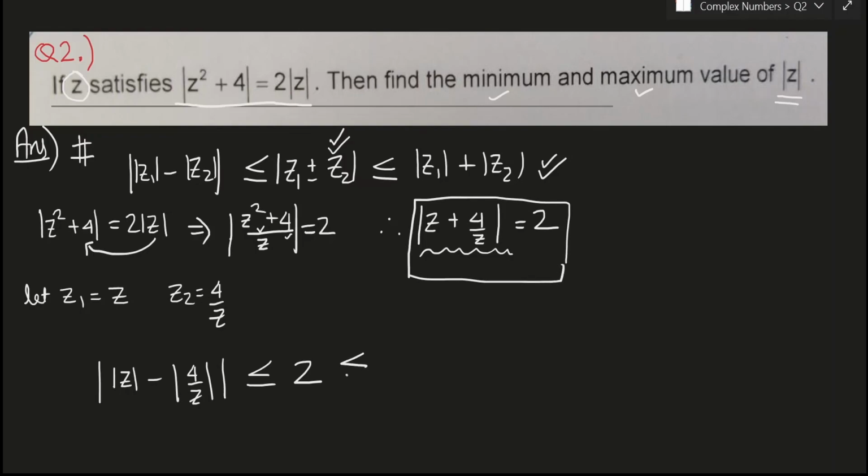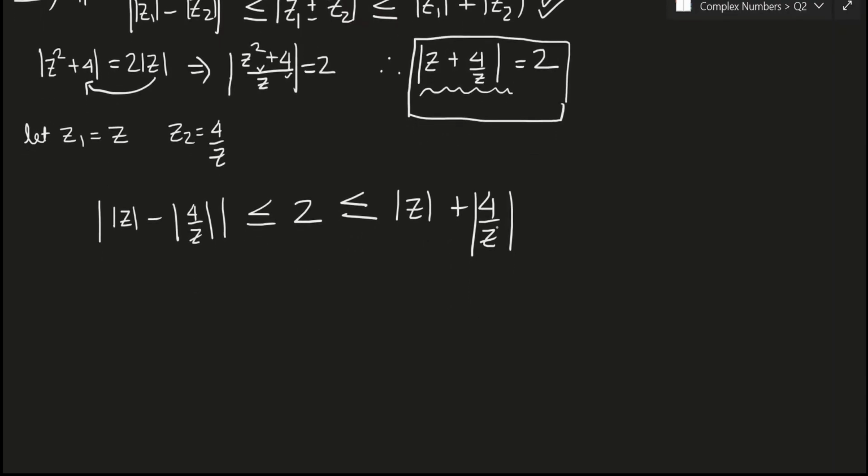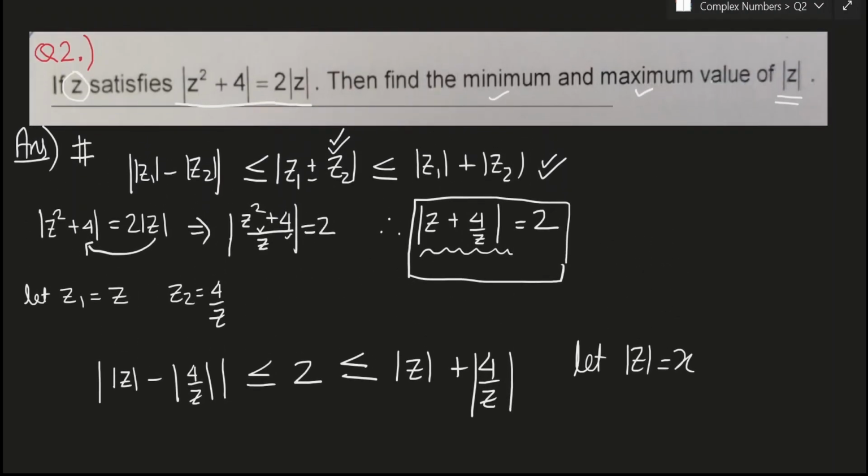And this is always less than or equal to mod of z plus 4 by z. So what I can do over here is I'm going to let mod of z be equal to x. Notice in the initial question we had to find the minimum and maximum value of mod of z.